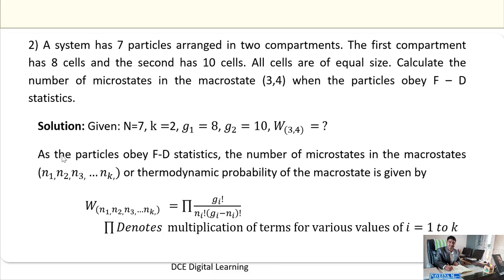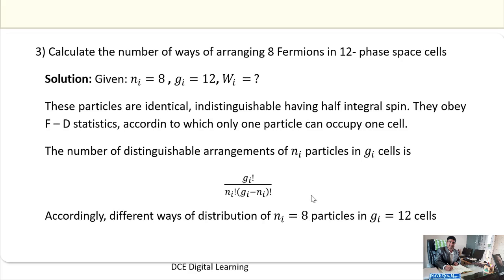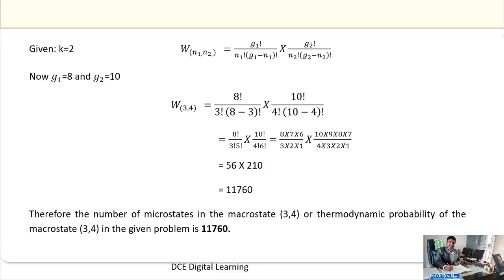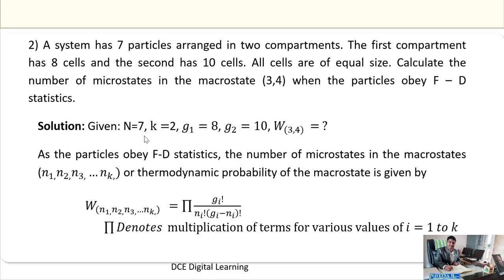Similarly, as we have done in the previous problem, as the particles obey Fermi-Dirac statistics, the number of microstates in the macrostate n1, n2, n3, etc. nk is given by W of n1, n2, n3, etc. nk is equal to pi of gi factorial divided by ni factorial into gi minus ni factorial, where pi denotes the multiplication of the terms for various values from i equal to 1 to k.